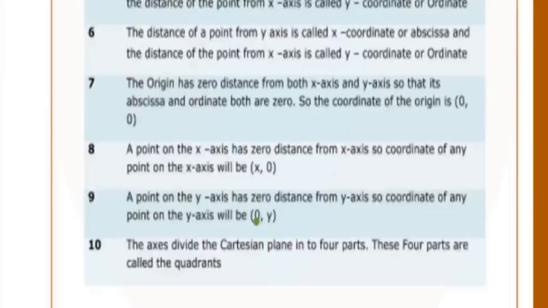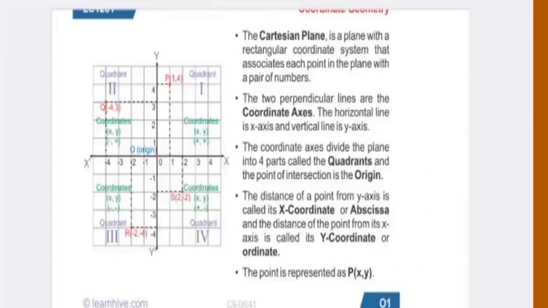That means the x-coordinate will be 0. It is always 0 and only the y-coordinate will be there. The axes divide the Cartesian plane into 4 parts and these 4 parts are called the quadrants. There are 4 quadrants. Here you can see the 4 quadrants. The x-axis and y-axis together are called the coordinate axes.